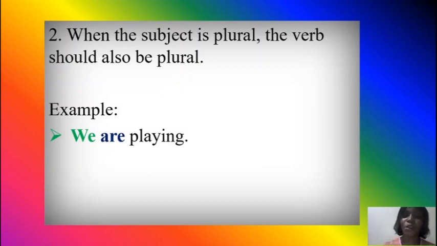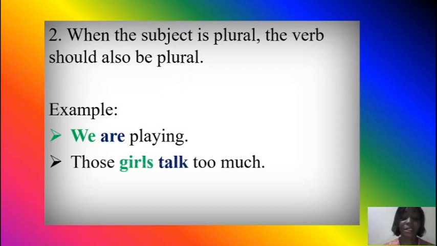We is a plural subject because it tells us about more than one person. We is a pronoun, a first person pronoun. We are. Are is what? A plural verb. You don't say we is playing. No, we are playing. That's when your sentence can be said to be grammatically correct.